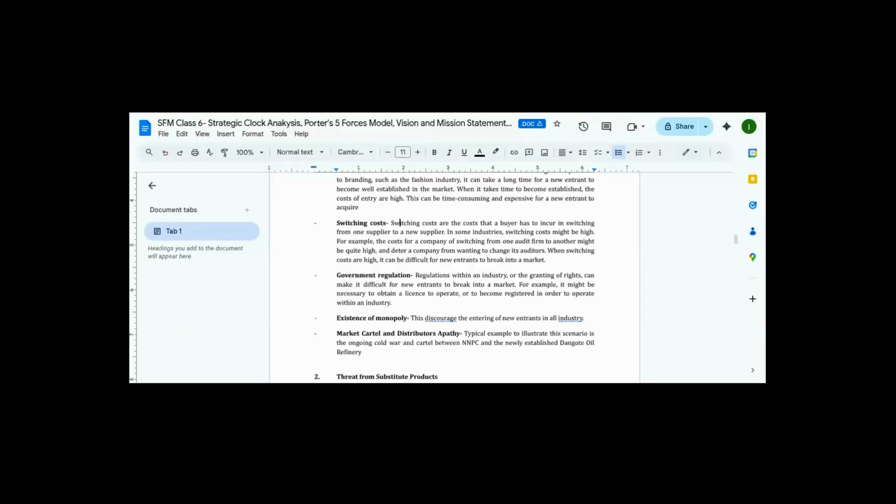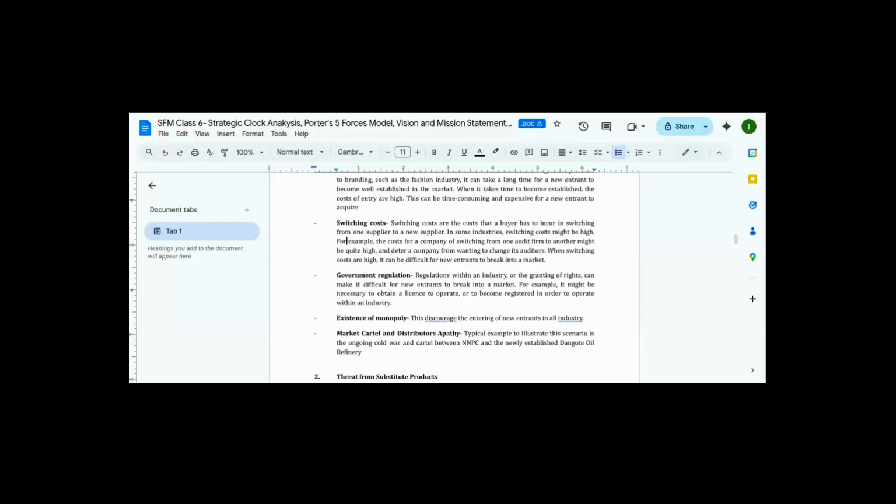Let's go through it together. I will now explain what we call switching costs. Switching costs are the costs that a buyer has to incur in switching from one supplier to a new supplier. In some industries, switching costs might be high.